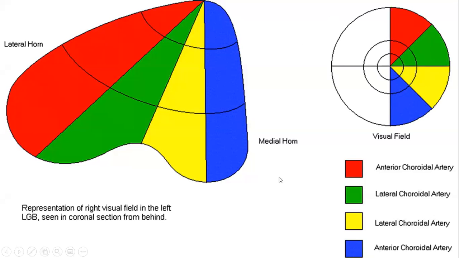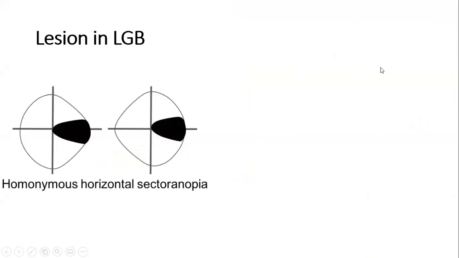So consider there is a lateral choroidal artery occlusion. It will cause damage to the central part of the lateral geniculate body. When the central part is affected, you will get a field effect somewhat like this, right? This is called homonymous horizontal sectoranopia. The superior and inferior parts which are supplied by the anterior choroidal artery are going to get spared.